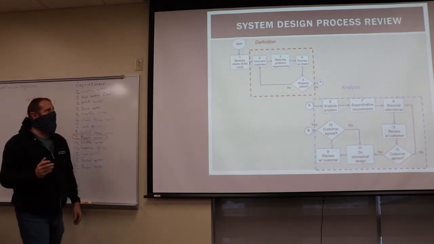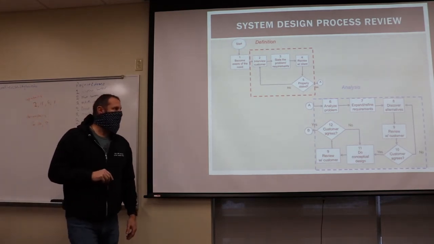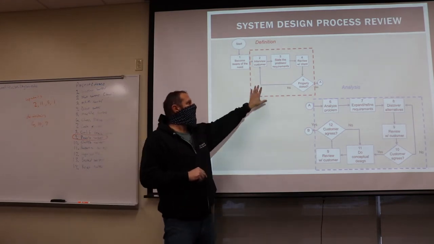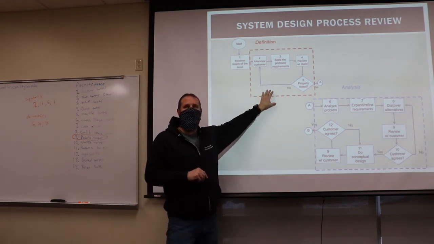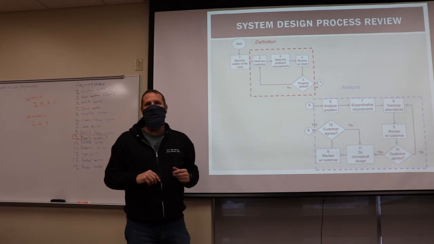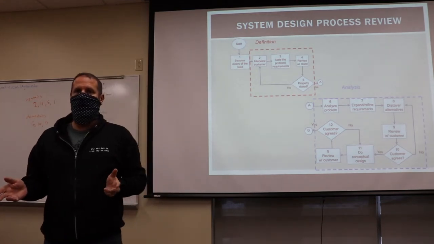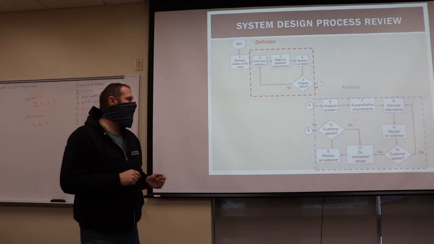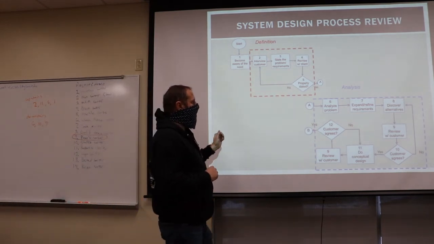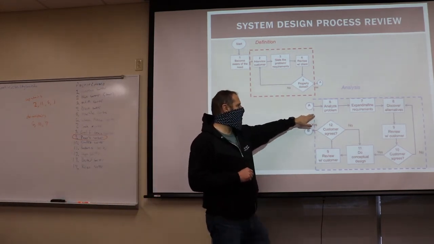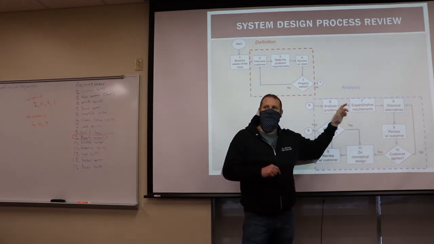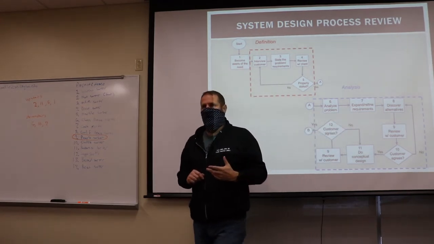The system design process. Definition is probably one of the most important. If you don't fully understand what it is that the customer wants, how can you design something that they need? The analysis section: analyzing the problem, expanding and refining the requirements. And again, this is ongoing.